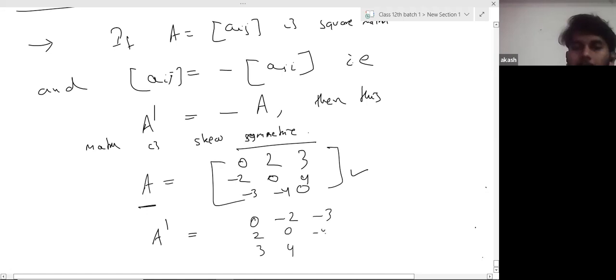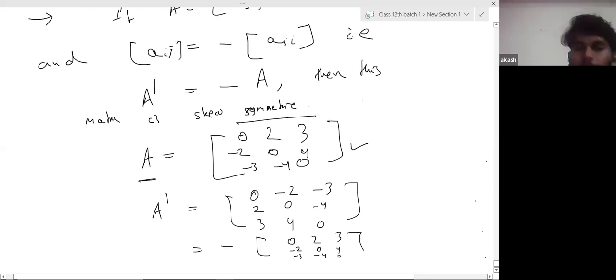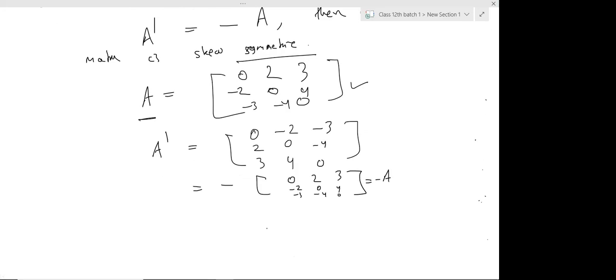If you take the negative out, we can write 0, 2, 3, -2, -3, 0, -4, 4, 0. So this is A matrix. So this is negative of A. So this will be a skew symmetric matrix. If you take transpose, then this will be negative of the first matrix. Is this clear, everyone? Yes, sir.